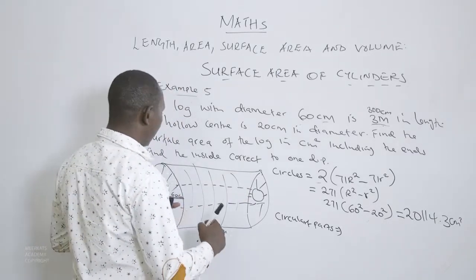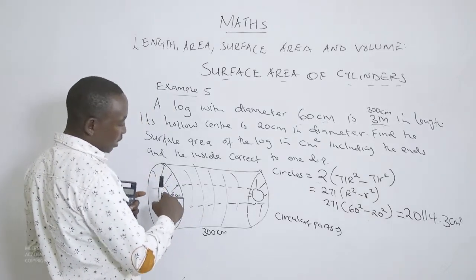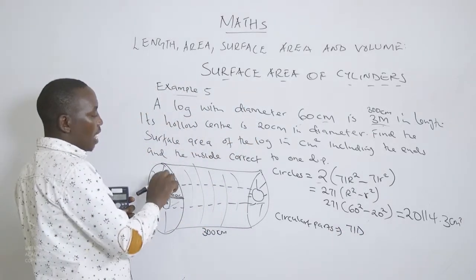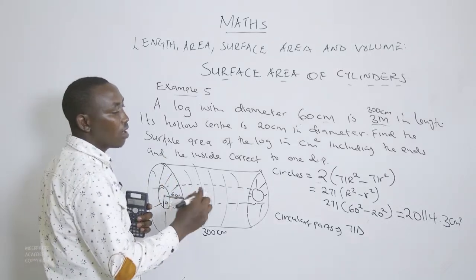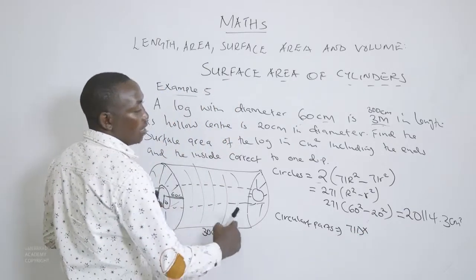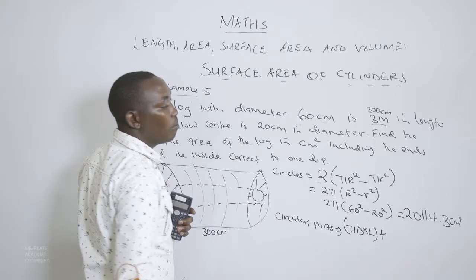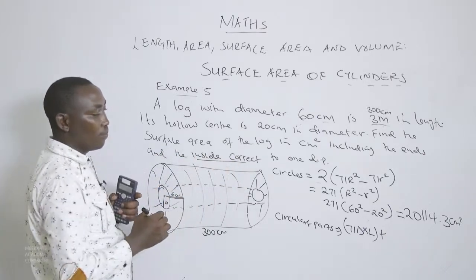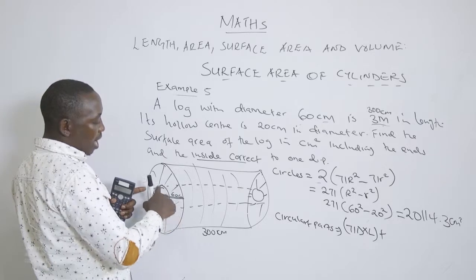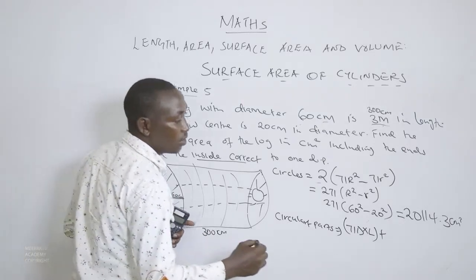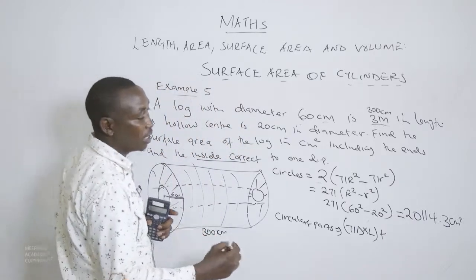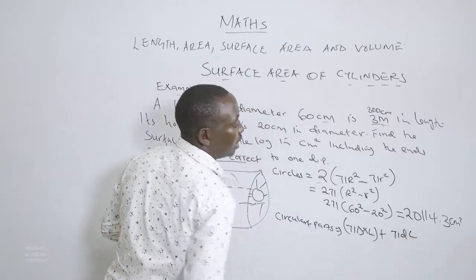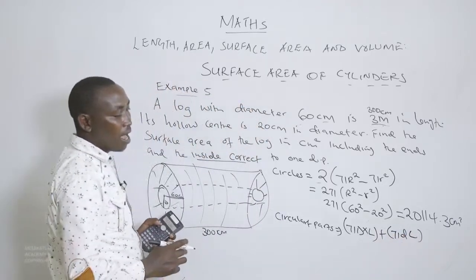For the outer one, we'll take pi d, where d is the diameter of the bigger circle, multiplied by the length, which in this case is 300, plus, for the inside, because we also need the surface area of the inside, pi d, where d is the small diameter, which in this case is 40, again multiplied by the length, which is still 300.